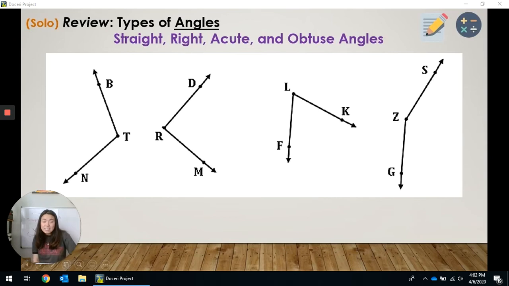Can you please pause the video and use your book or whatever it is, your right angle. See if you can figure out what kind of angles these are. Some of the lines look similar to a right angle, so you really need to use your book or right angle template to check it. Ready? Ready for a pause? 3, 2, 1, and pause.